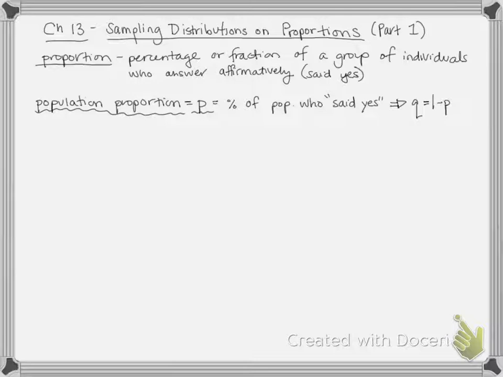All right, so what is a sampling distribution of a proportion?